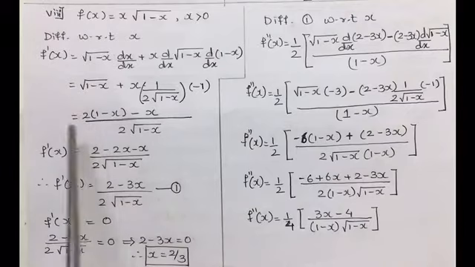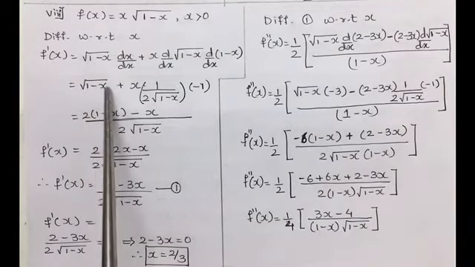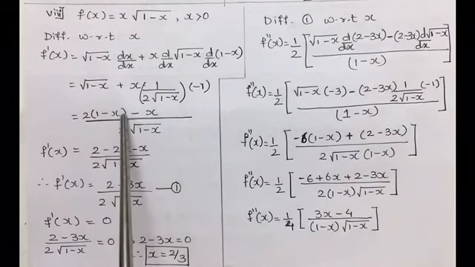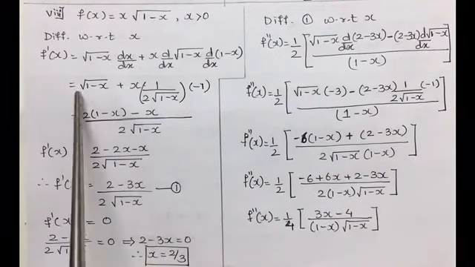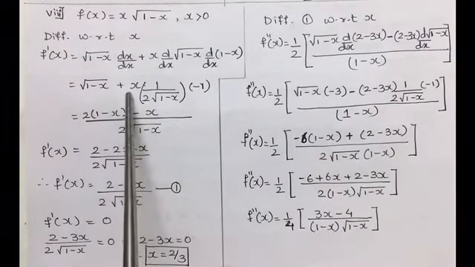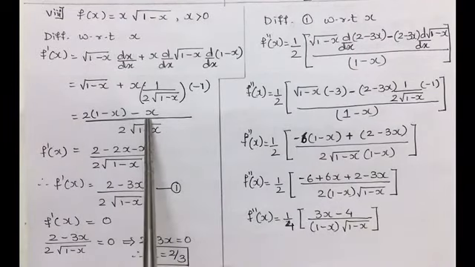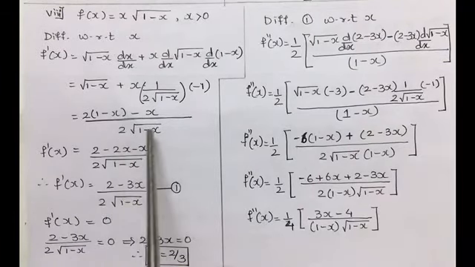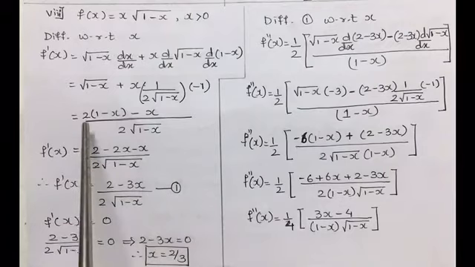Taking the LCM, we get root of 1 minus x into root of 1 minus x makes it 1 minus x. 2 is also multiplied as per the LCM rule. And x into minus 1 makes it minus x upon 2 root of 1 minus x.